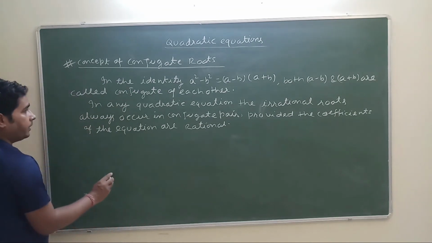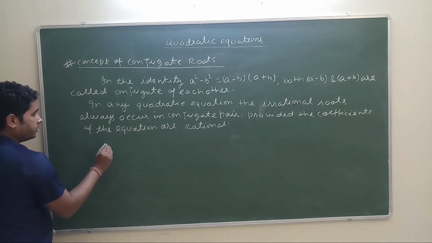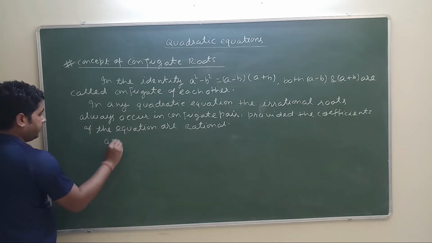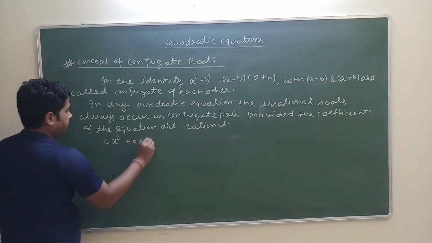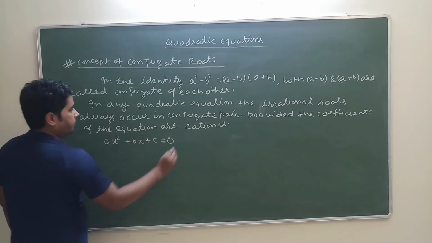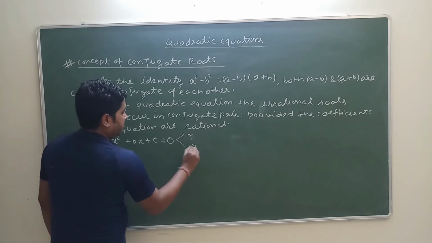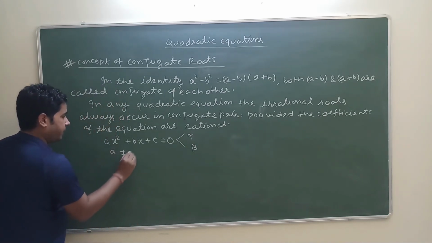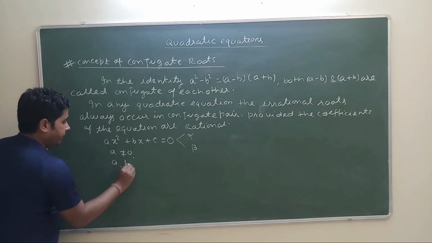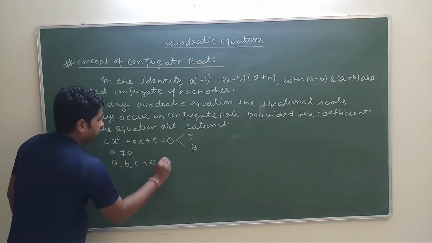Now let me simplify this. Suppose there is an equation ax square plus bx plus c is equal to 0. Alpha and beta are the roots. I have given a is not equal to 0 and a, b, c are rational.